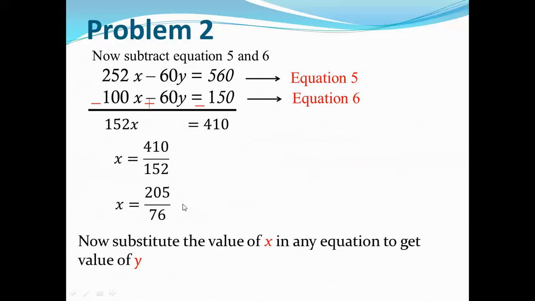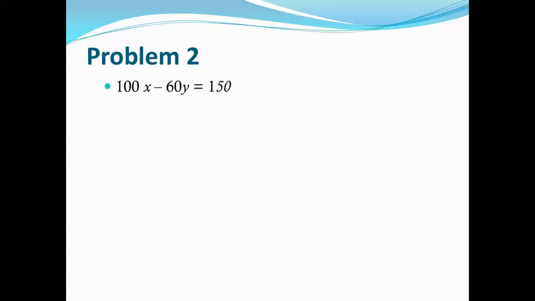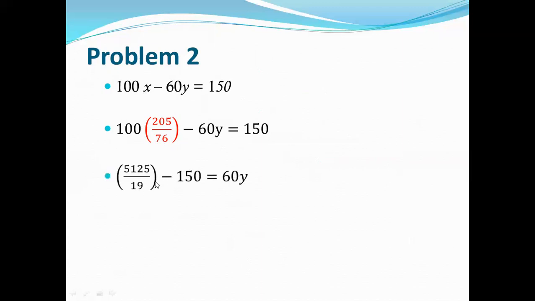Now we substitute the value of x in any of the equations to find the value of y. 100x minus 60y equals 150. We substitute the value of x as 205 upon 76. After simplifying, we get the result as 5125 upon 19 minus 150 equals 65.